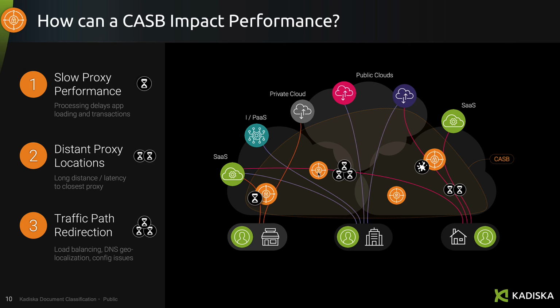This can impact the application performance because it will likely forward on the request to a SaaS host or a cloud host that's not actually within the same region as the user. So it's not uncommon at all to see someone in, let's say, Germany connecting to a CASB proxy in India, and then this one will actually forward them on to a SaaS host in the United States. And this is extremely long, difficult impact in terms of performance.